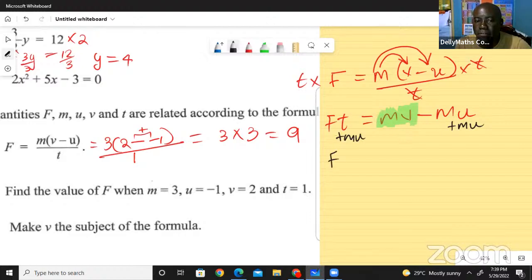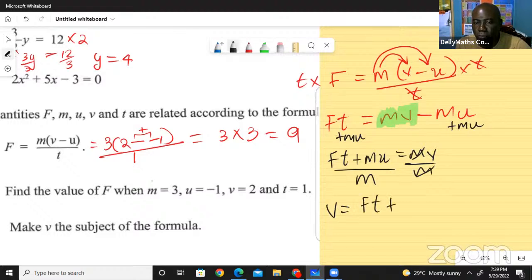So FT + MU is equal to MV. Then I'm going to divide by M because the aim is to have V by itself. I could finalize by saying V is equal to (FT + MU) over M.